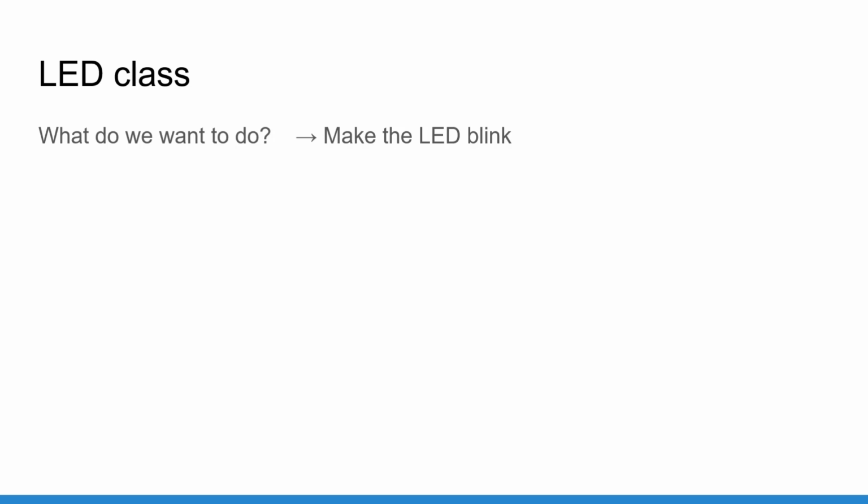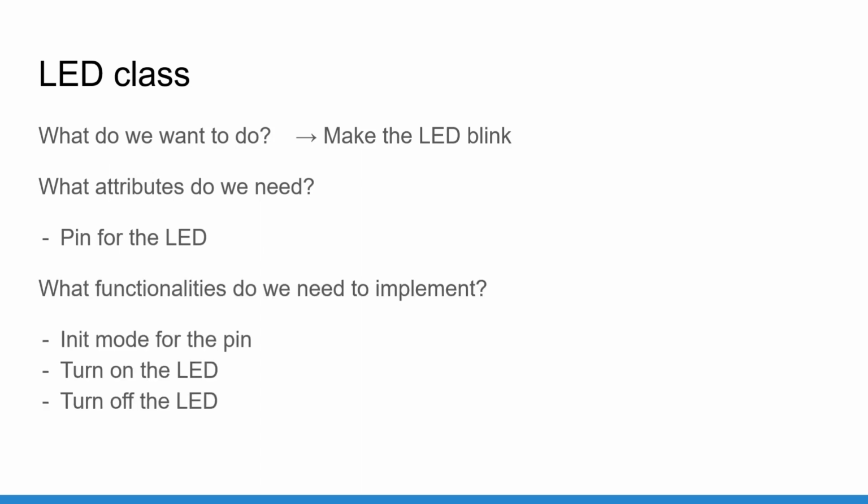That's our goal. What attributes do we need then for the LED? We need to keep track of the pin for the LED so we can use it in our program. And what functionalities do we need to implement in order to make the LED blink? Well, as you could see in the blink example, we first need to initialize the mode for the pin, and then we need the functionality to power on or turn on the LED, and another functionality to turn off the LED.